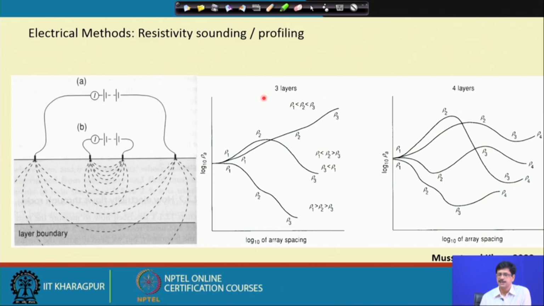So, what is measured essentially is an apparent resistivity, and that apparent resistivity is plotted with the log of the array spacing. These are very standard procedures available for interpretation of these graphs in terms of water bearing horizons, and there are much more developed computer codes available these days, which do the job for us.